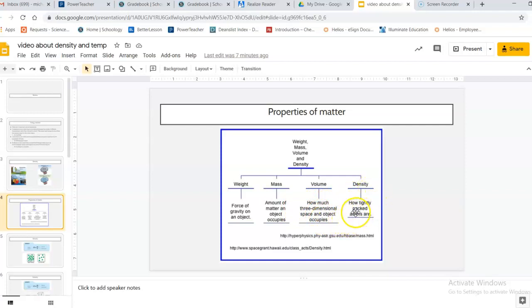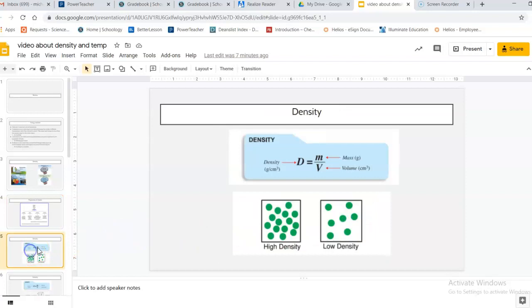Density is how tightly packed atoms are. Okay, so those are the definitions. We calculate density by measuring mass and volume and calculating its ratio. So density is a ratio of how much matter something has to how much space it occupies. So how tightly packed something is.